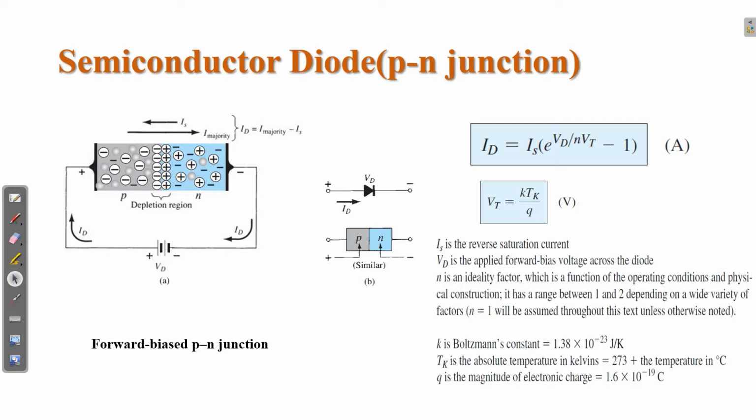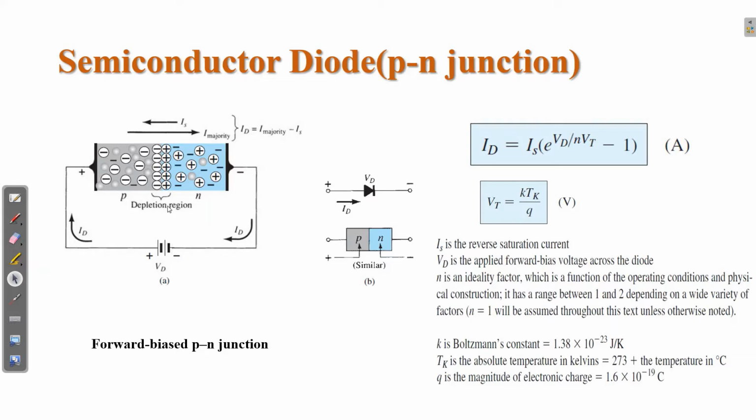There we discussed how the depletion region, or the depletion width, changes under different biasing conditions. In each of the cases, the resulting diode current ID, the current through the PN junction diode, is depending upon the bias voltage.